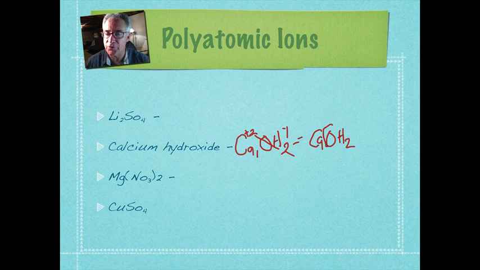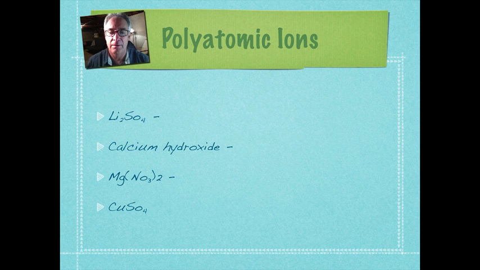We're going to put parentheses around this to show that it travels together. So it would be Ca, parentheses, OH, end of parentheses, 2. That's calcium hydroxide. That gives you a better understanding that these polyatomic ions are together, and we need to treat them together that way.